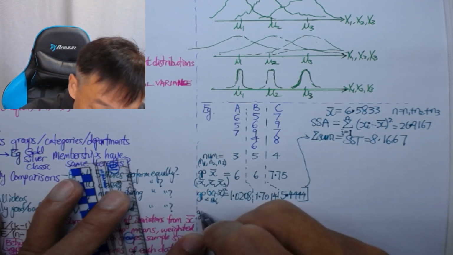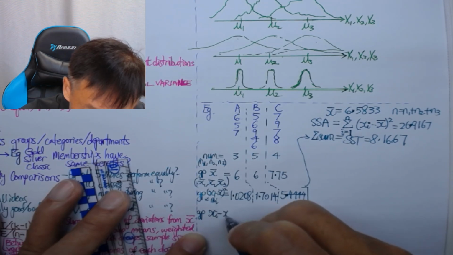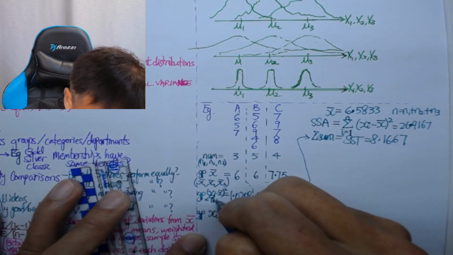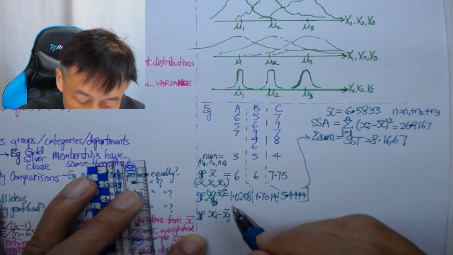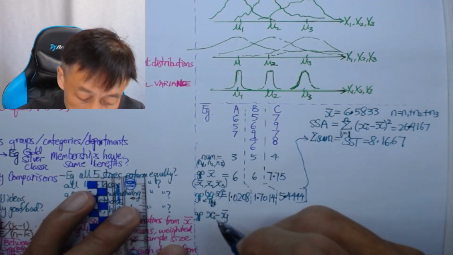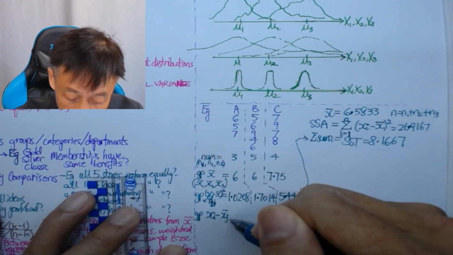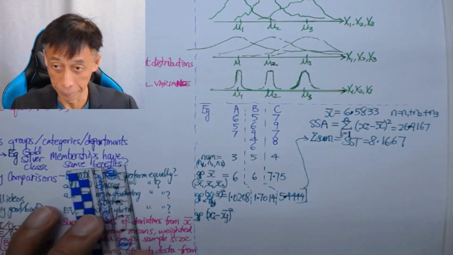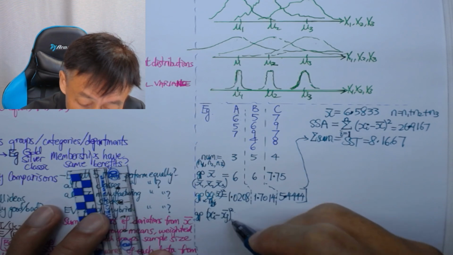Let's do the group xi minus xj bar. I can put a j here, can I not? Okay, I change it to j. j refers to the index for the group. So j equals 1, 2, 3. So here, xi will be the individual data inside, minus its own mean, then squared.